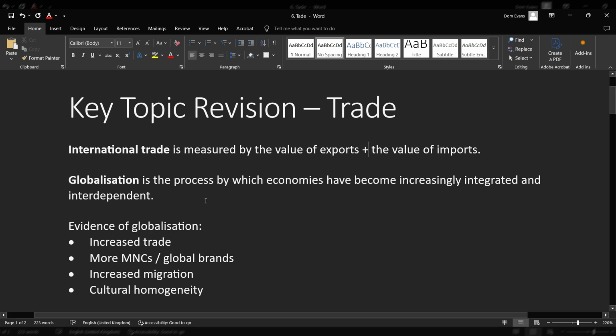Okay, so globalization has been a process that's been going on for a very long time, very much accelerated at the end of the Second World War by the creation of certain institutions, particularly by America and their allies, the UK, in the Second World War, where we've created institutions to try and increase the amount of trade between countries.